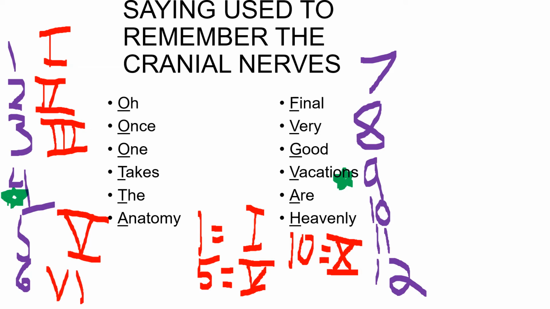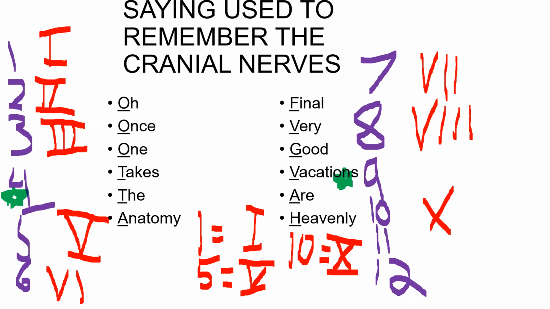Now I'm going to stop putting the bars on just to save time. 7 would be VII, right? And then 8 is V with 3 I's. And then when we get to 10, it's X. 11 would be XI. And I think by now you've got the hang of it. 12 would be XII.